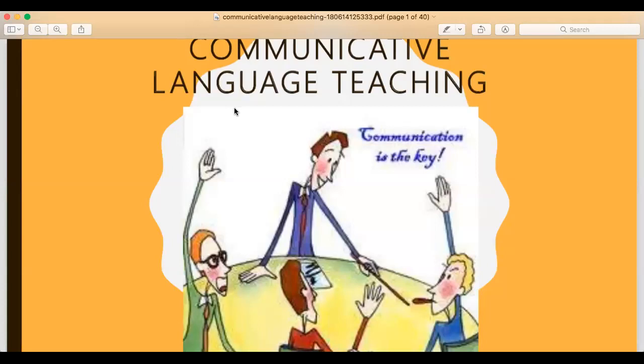Authentic material is material that is basically designed or developed for native speakers, but not for teaching purposes. Yes, Ishrat is right. When we define authentic material, we say that it is material designed or developed for native speakers, and the material primarily is not meant for teaching purposes.